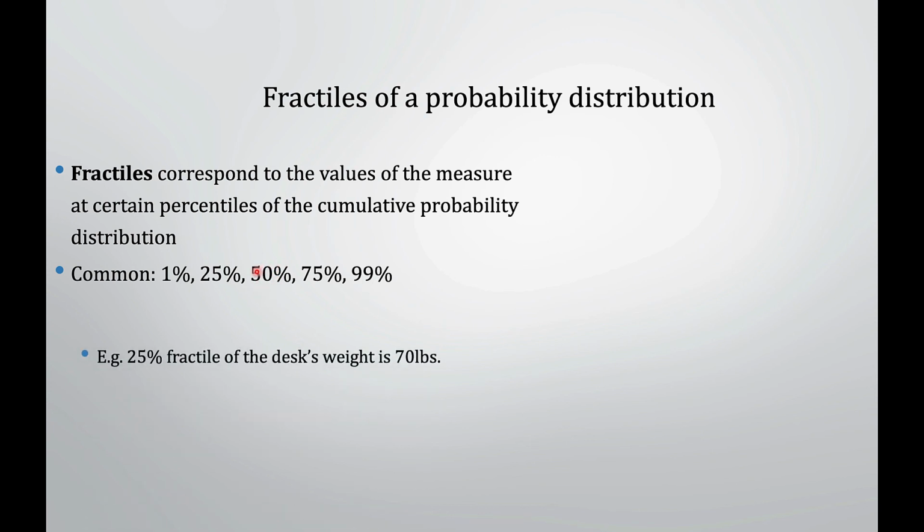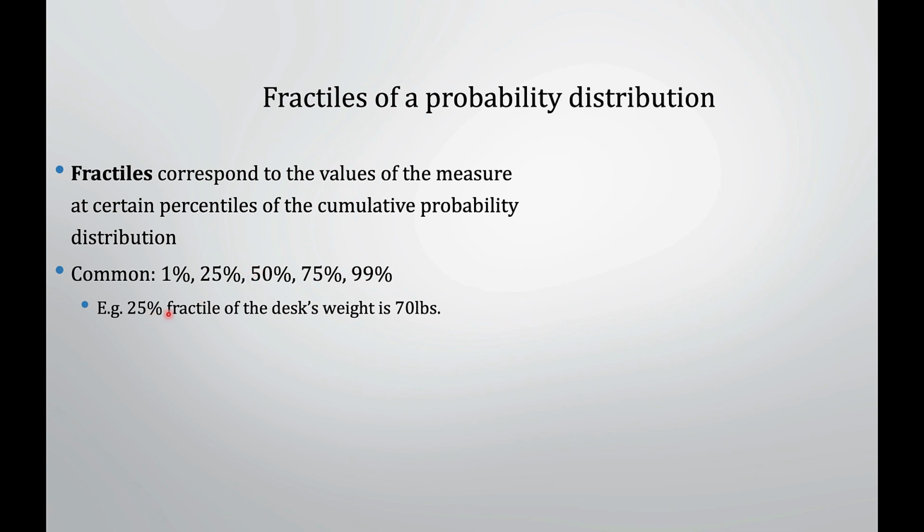Okay, so if we say the 25% fractile of the desk's weight is 70 pounds, this translates into the probability that the desk weight is less or equal to 70 pounds is 25%. Again, the percentage before the fractile corresponds to the cumulative probability.